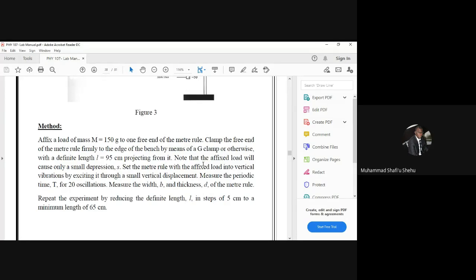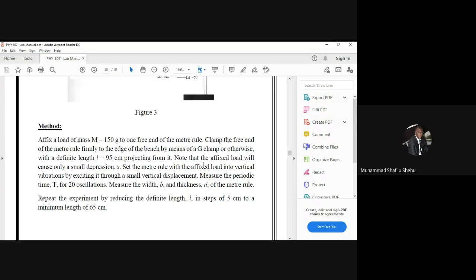We started with 5, which left the remaining part, or the displaced part, to be 95. And then by adding another 5, making it 10, we're going to have 90 cm to displace. Then we'll keep removing 5 until we attain the length of 65 cm. So for each length, we'll have to allow it to swing for us to check whether the meter rule is going to remain elastic or is going to have a bit of a depression.